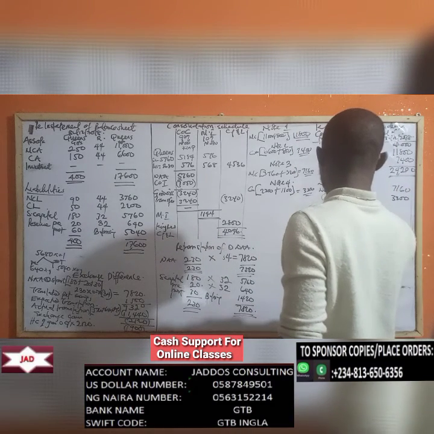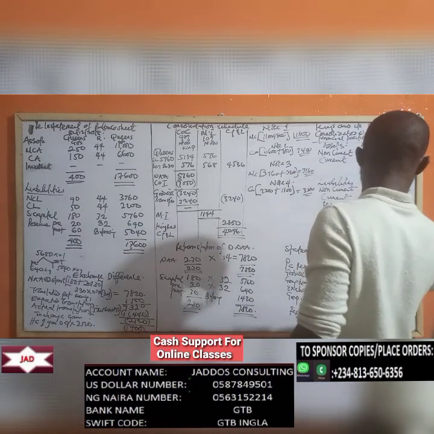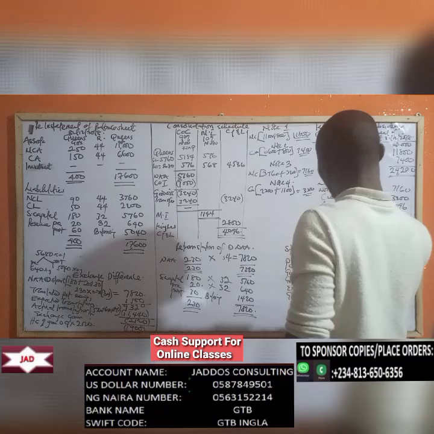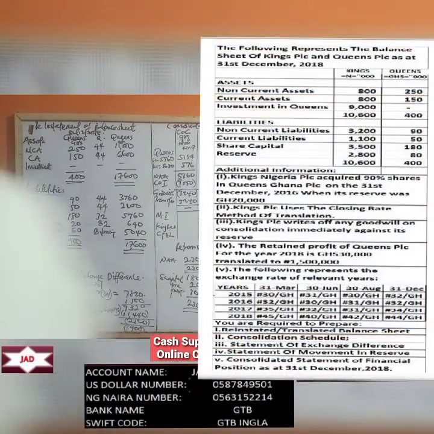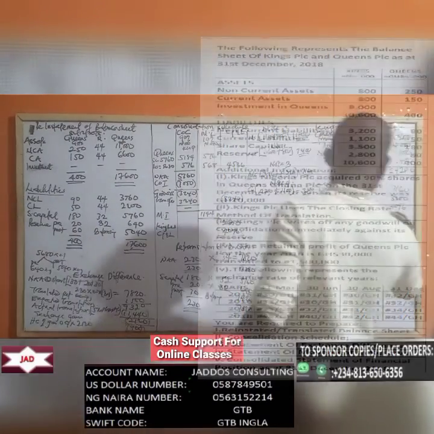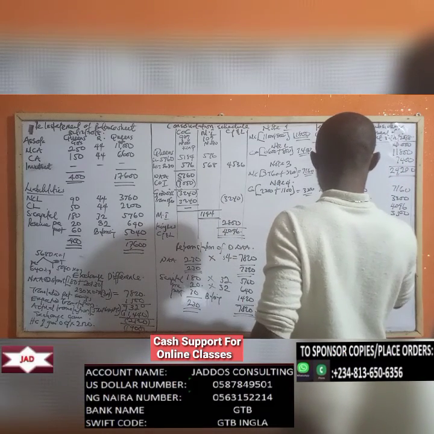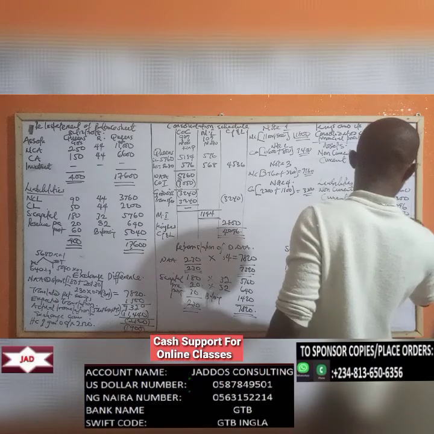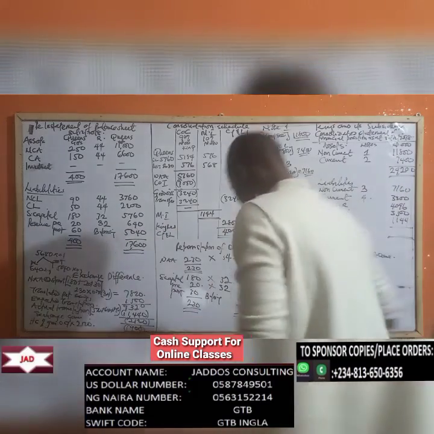So what about our reserve? It is 4,096. Share capital is 3,500. Minority interest is 1,144. What do we have?